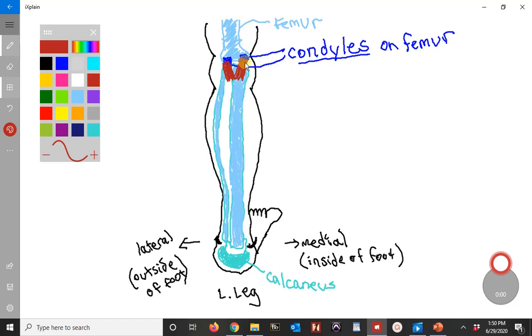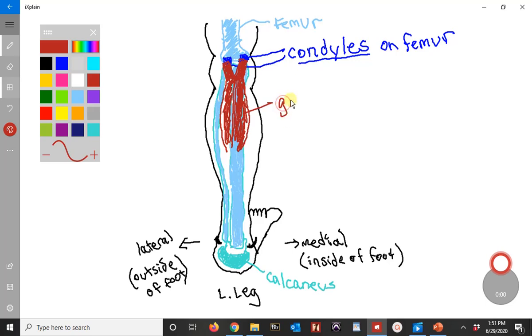So it attaches to both condyles of the femur like that. And that is why when you look at the gastrocnemius, it looks like two different muscles next to each other. They look like twins, but they're not. They're actually all one muscle. They just have two different heads on them, and then they come and meet in the middle.